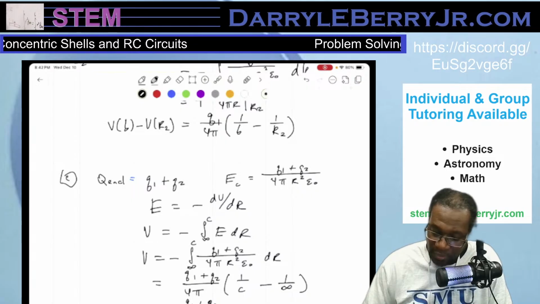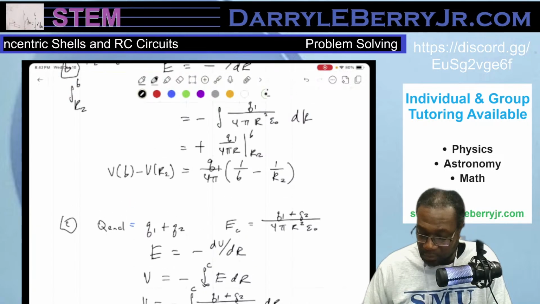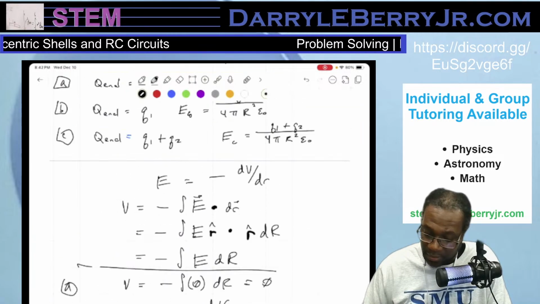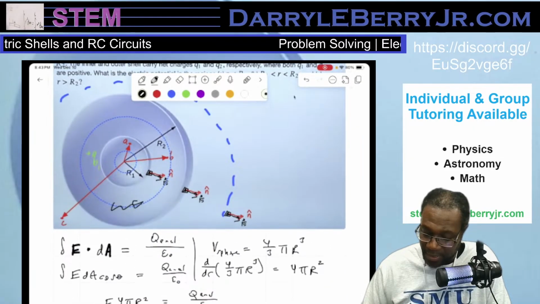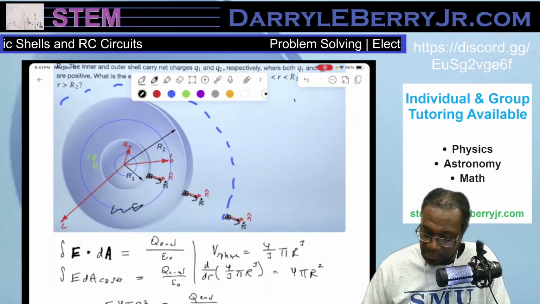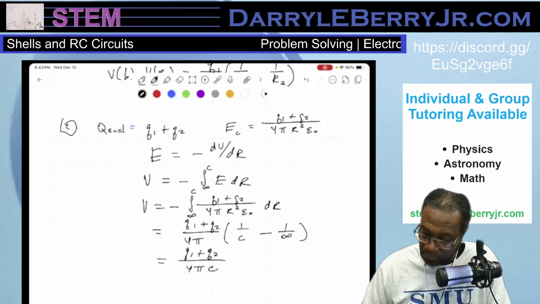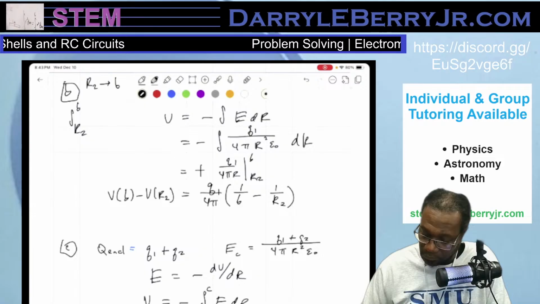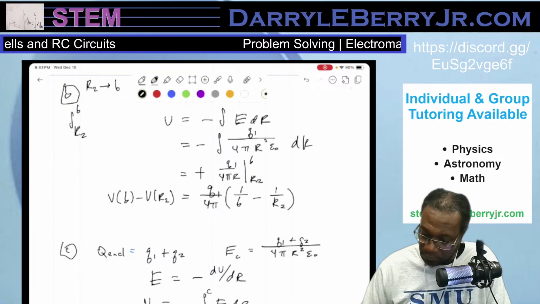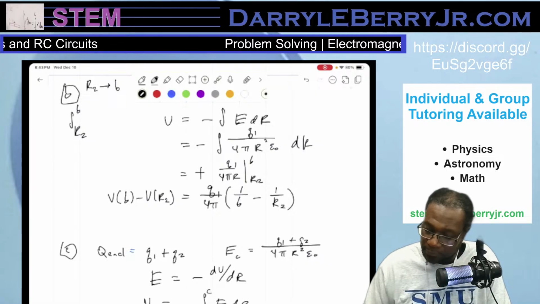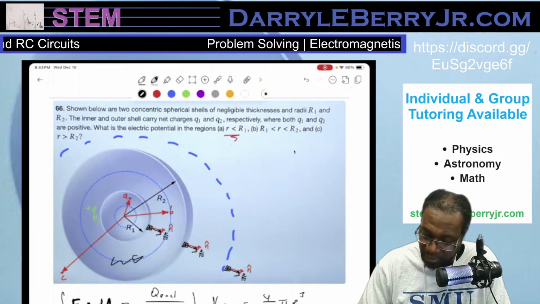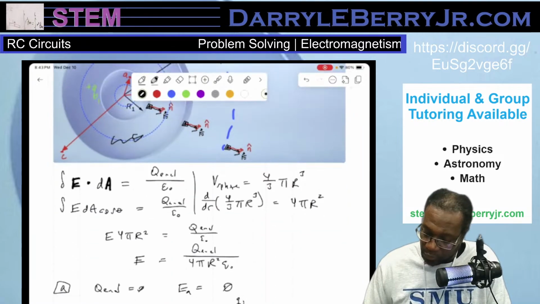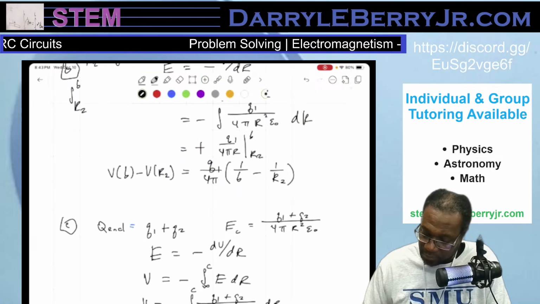So let's say the potential in the middle, say we put that at R2. Might have to use the equation.